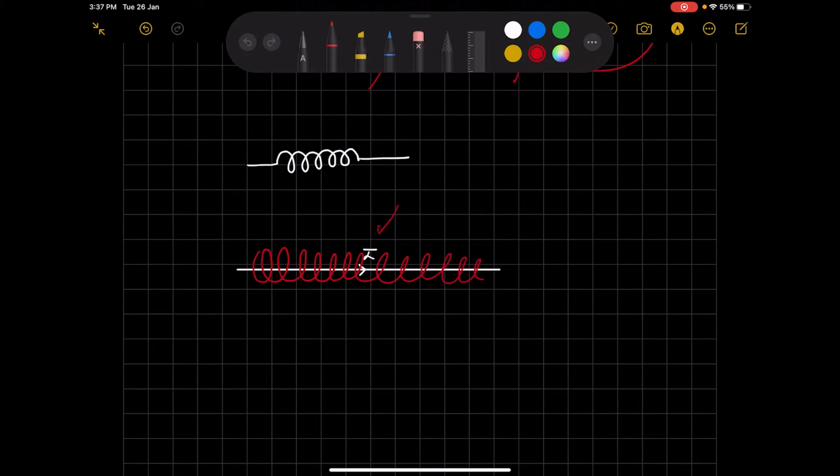If I is a constant, then the magnetic field produced will also be a constant. But the thing to remember here is a current carrying conductor produces a magnetic field.